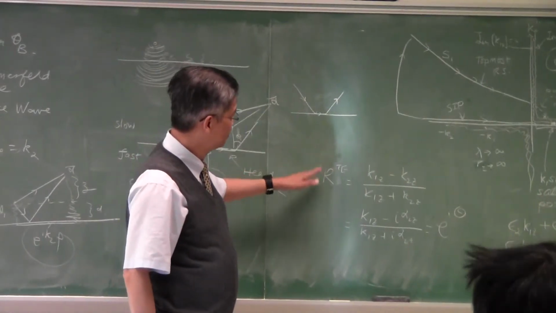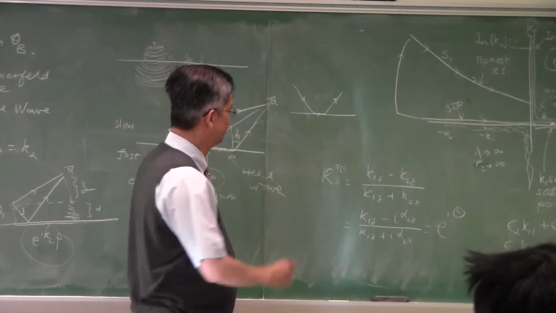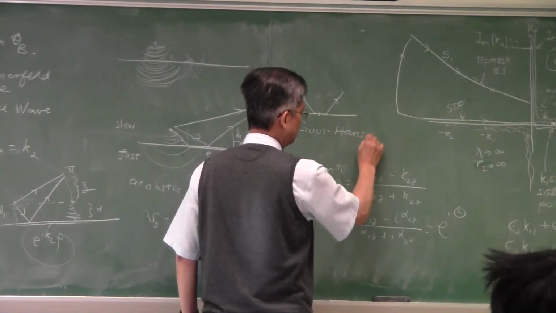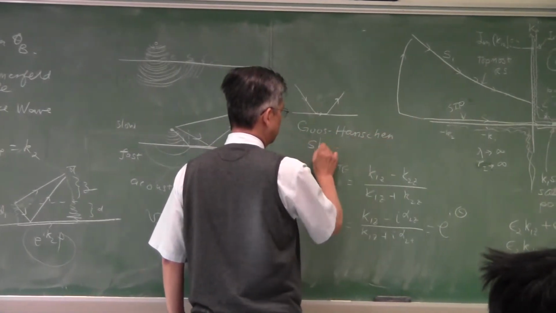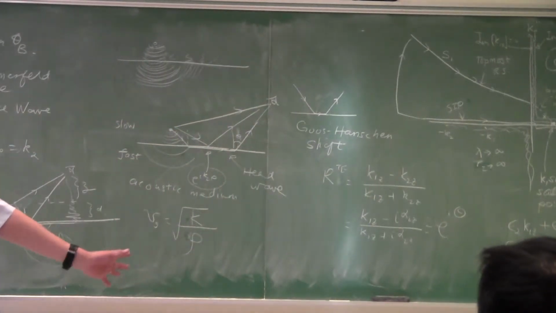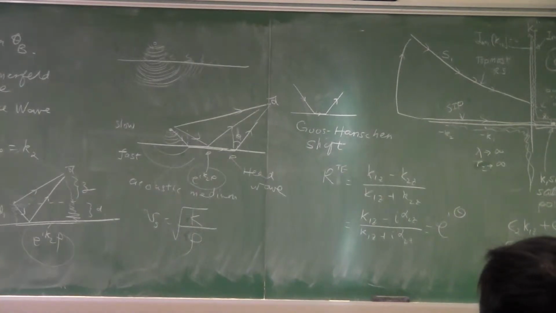Okay, so the Goos-Hänchen shift is coming from this effect. Okay, not due to this lateral wave. It's entirely a phenomenon of total internal reflection and a phase function that comes from that. Okay. What else should we know? I guess that's all we should know.